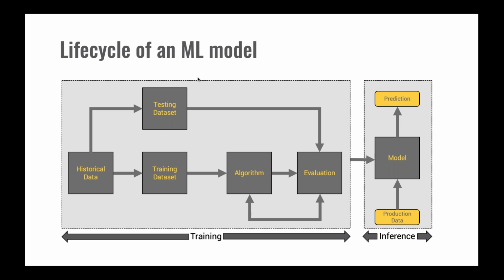So that is the training phase. When we send production data for real-time use cases and in real-time deployments, the model lives in another phase, which is called inference. So training is more like design time, and inference is like runtime.